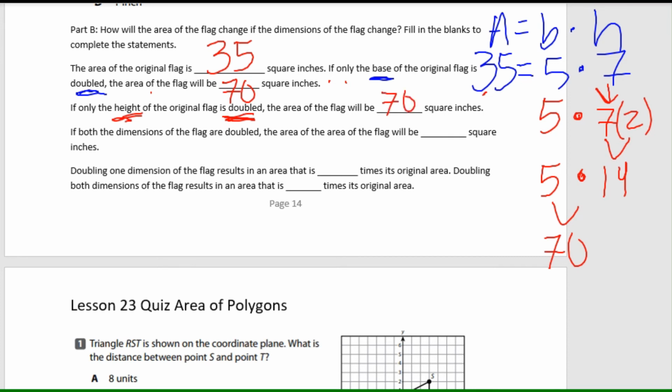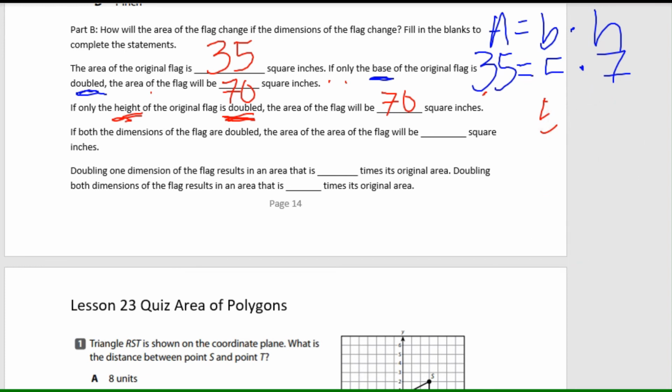Now we're moving on to the next part. If both dimensions of the flag are doubled, the area of the flag will be blank square inches. So we started with the same thing. Now what do we have to do to get this part? We have to double the area of the flag.